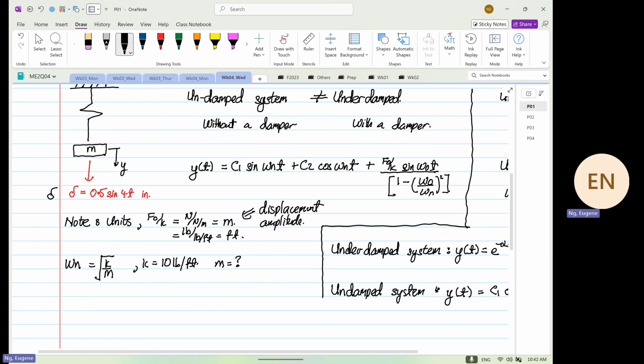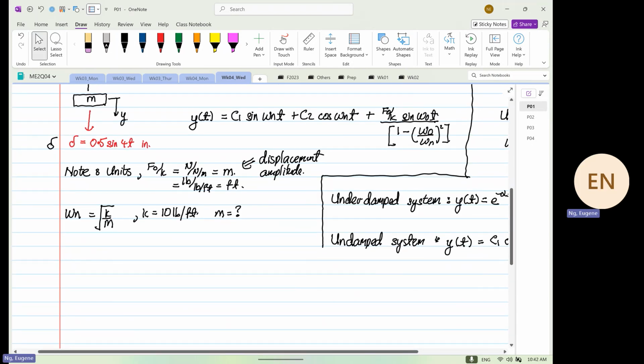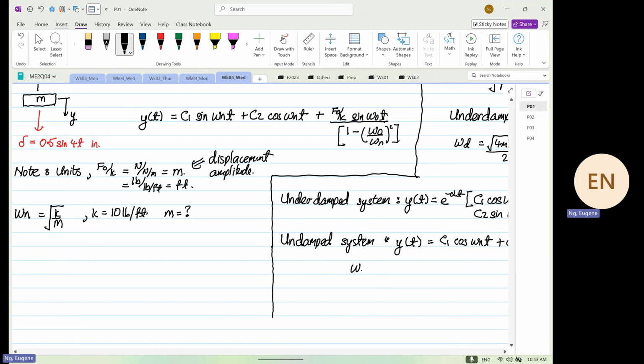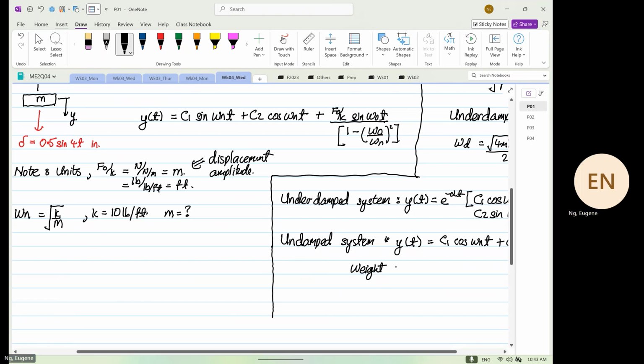So the next thing, you go from weight to mass. This is in your summary sheet. Sorry, I need some space. On one side you put weight, and on the other side you put mass.